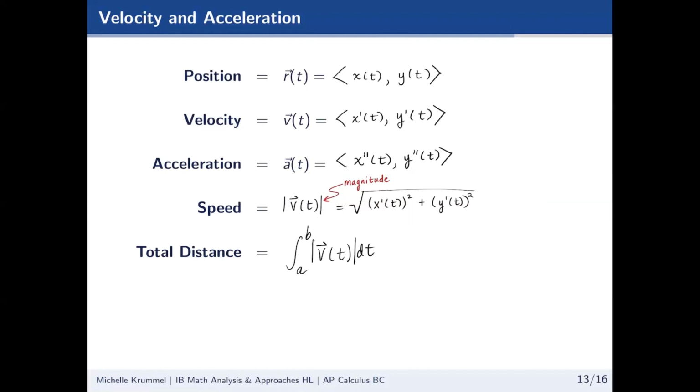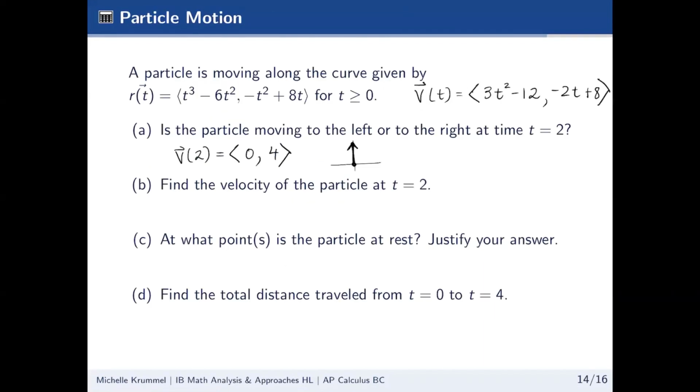So the way we're going to find total distance with our vector valued functions is to integrate the absolute value of our velocity vector, which is the square root of x prime of t squared, which you could also write as dx/dt squared, plus y prime of t squared, with respect to t, so dt.